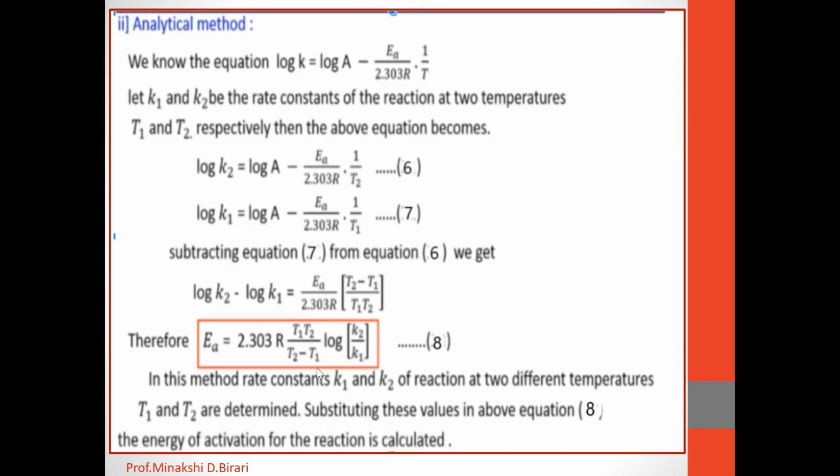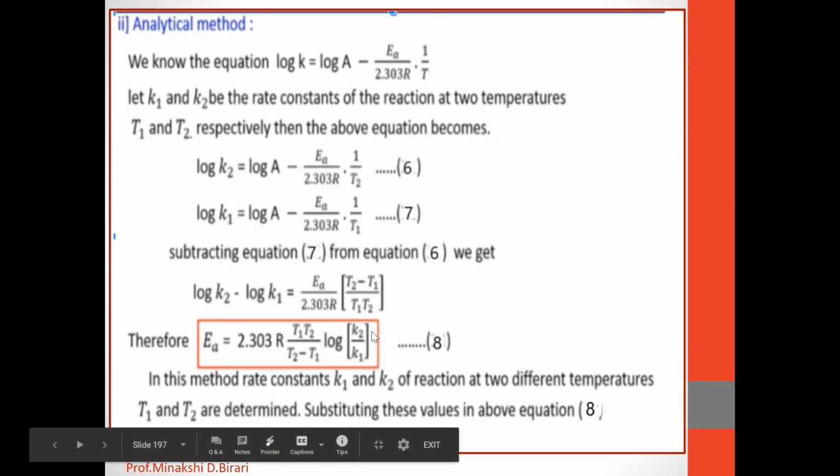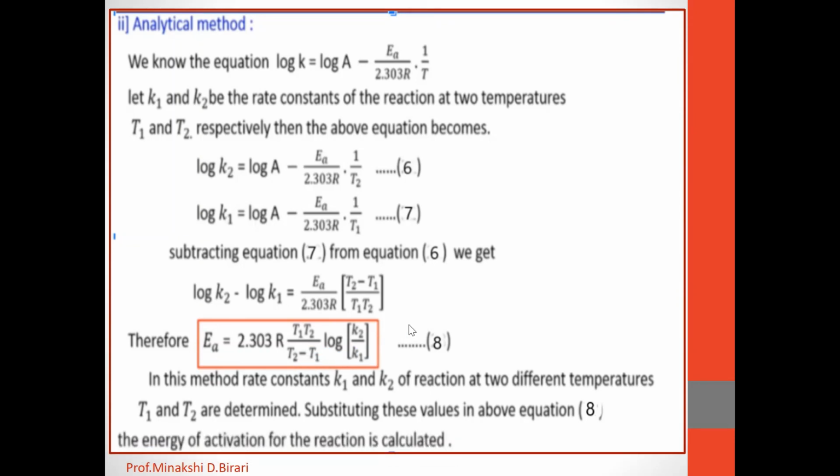Observed activation energies lie in the range of 0 to 80 kilocalorie per mole for most of the elementary reactions. Compared to unimolecular reactions, the activation energies for bimolecular reactions are lower.